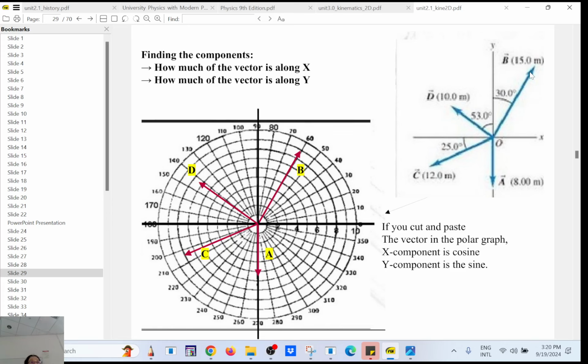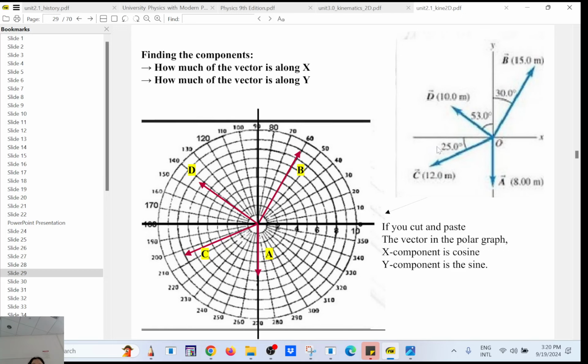Find the components. Either you are good at trig and you do it like this, or you are not good at trig and you use your polar graph. You copy and paste your vector in that polar graph, and then you do it. You don't have to do it this way. If you are good at trig, you use a sine and a cosine.